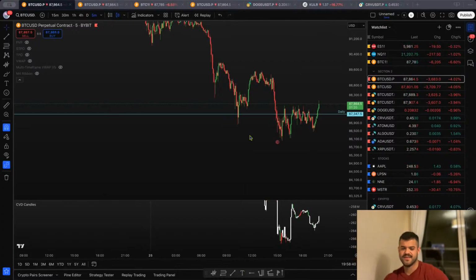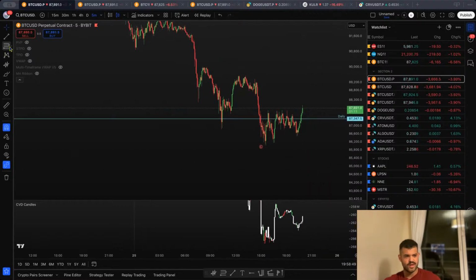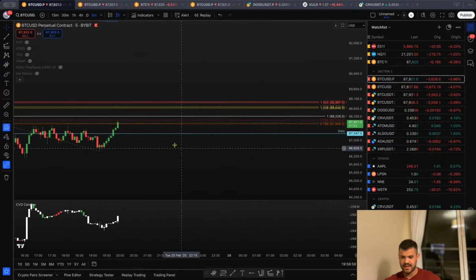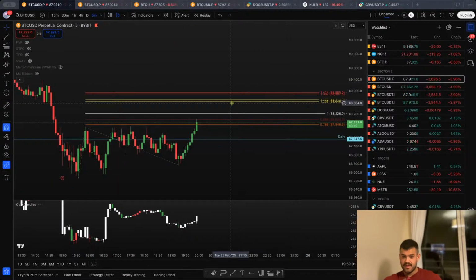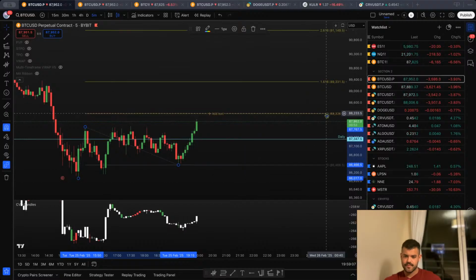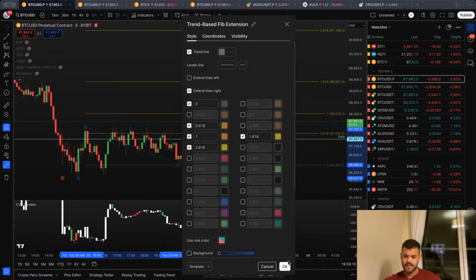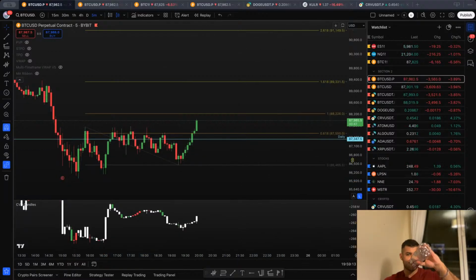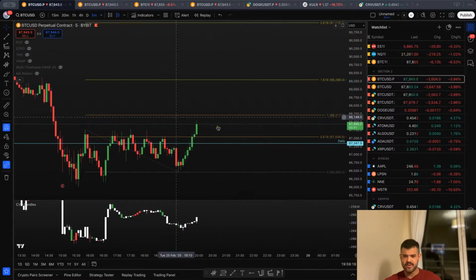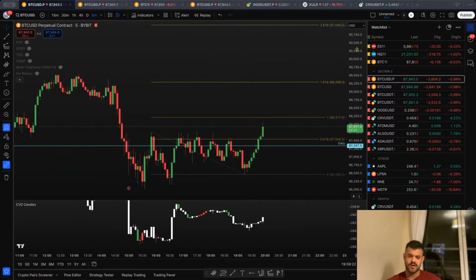Right. This move should tell us what happens here. So if we get a 1-to-1, we can say, right, we're going to go lower. Or if we get a move above the 1-to-1, we can expect much higher prices to come.